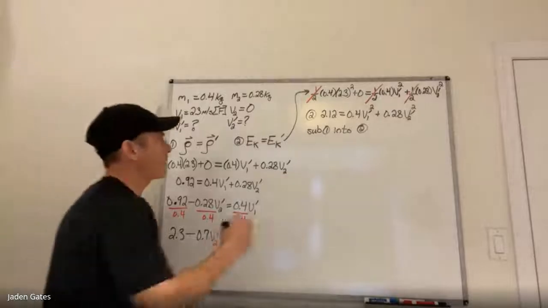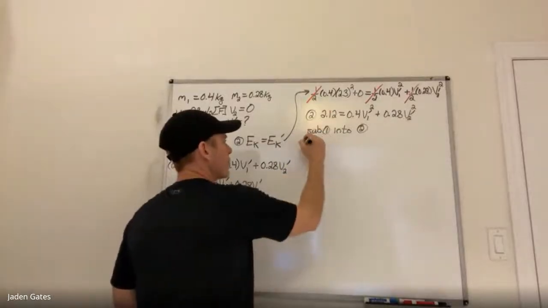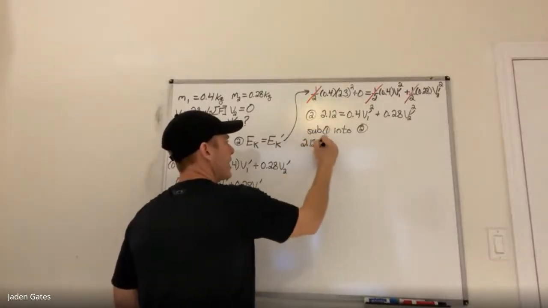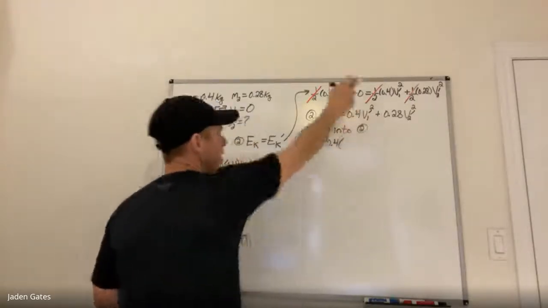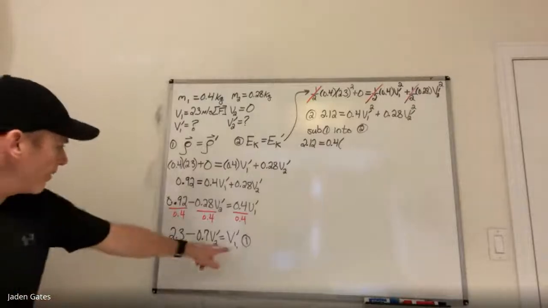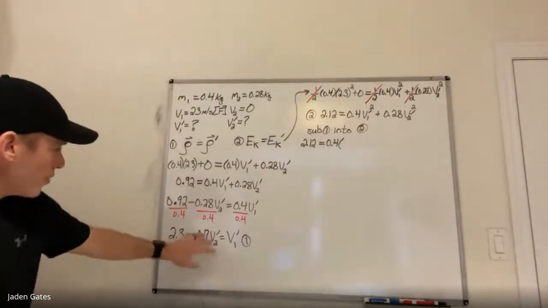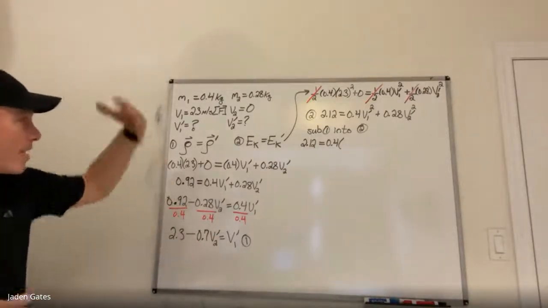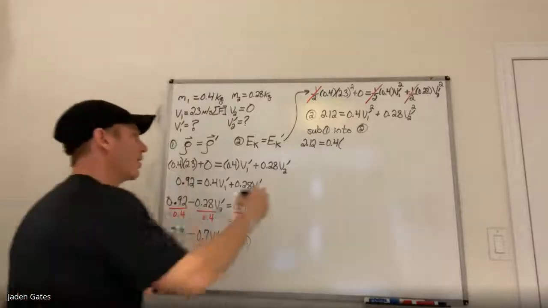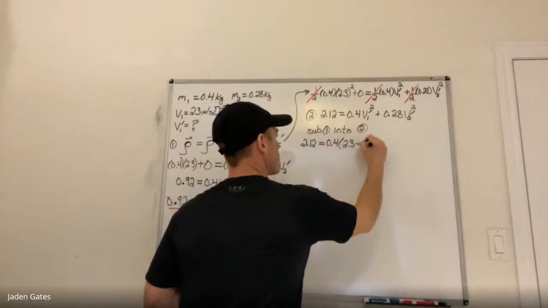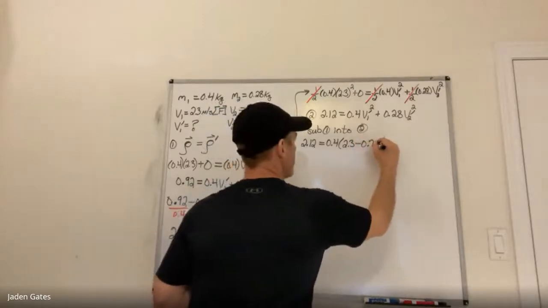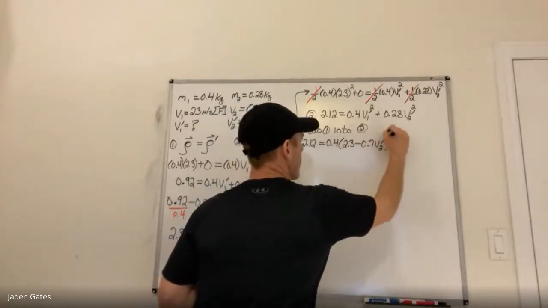Told you, a little bit of math today. So we got 2.12 equals 0.4 times v1 prime squared. Well, v1 is this thing, so I'm going to have to put this in brackets and then square it. Yikes. All right, so I got 2.3 minus 0.7 v2 prime, squared.